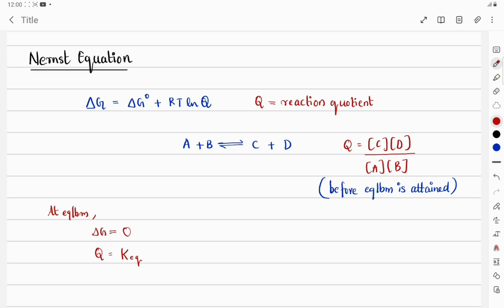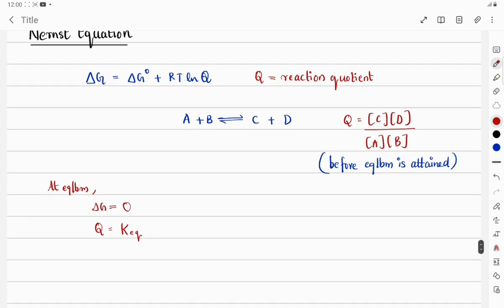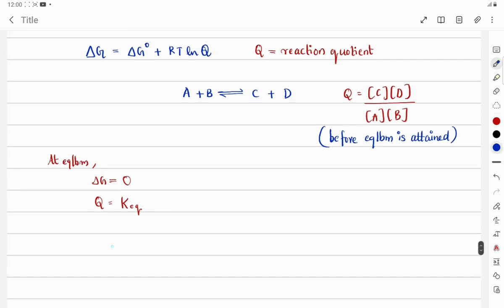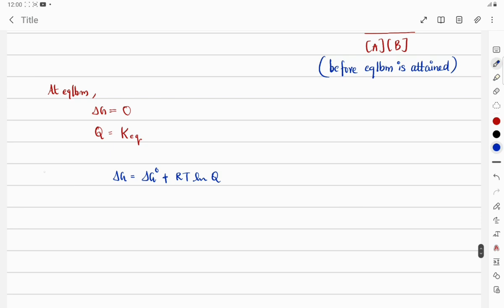So these are the two changes that we have to introduce into this particular equation when equilibrium is attained. So how will we change it? Delta G has become 0. Let me rewrite this equation before that. Delta G is delta G0 plus RT ln Q. So this is before equilibrium.